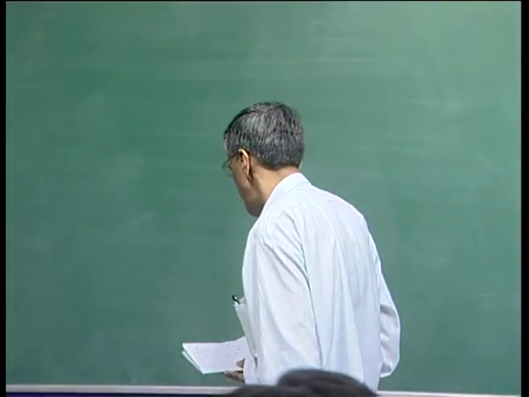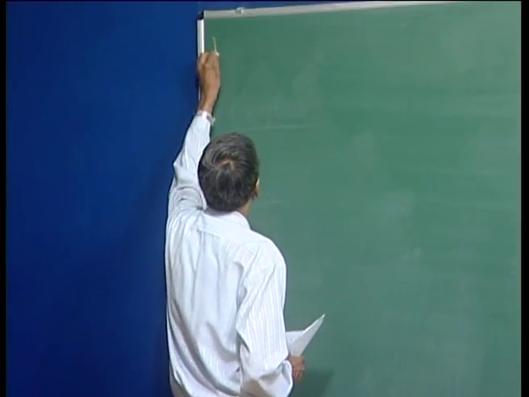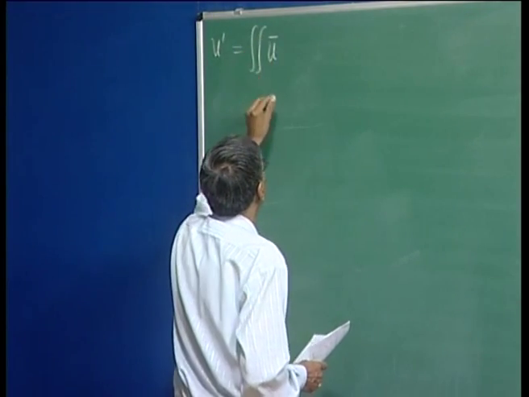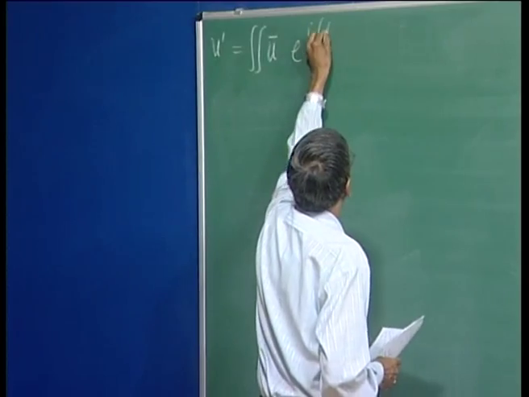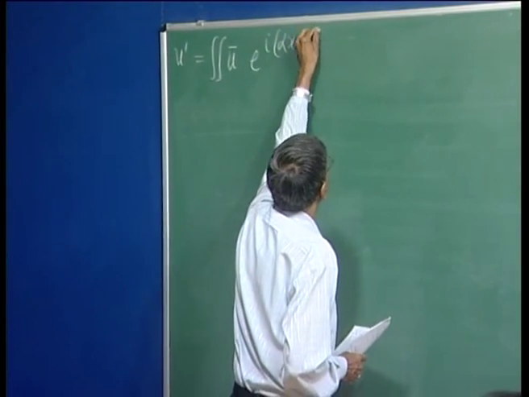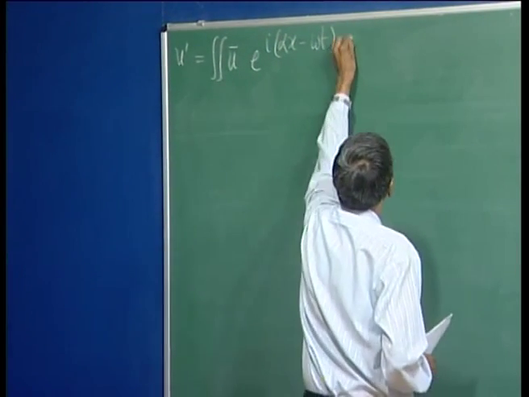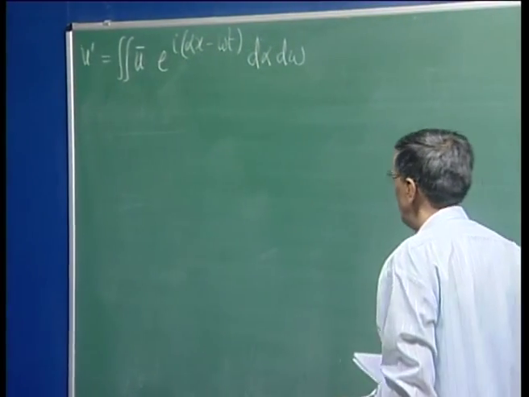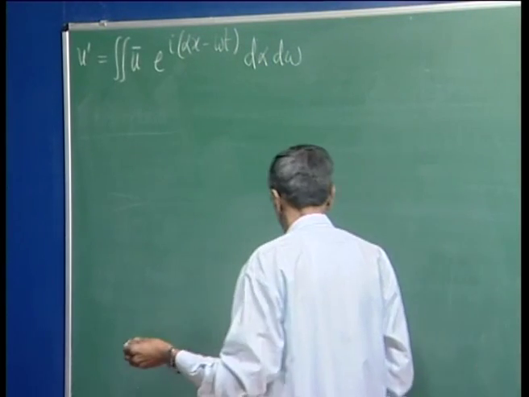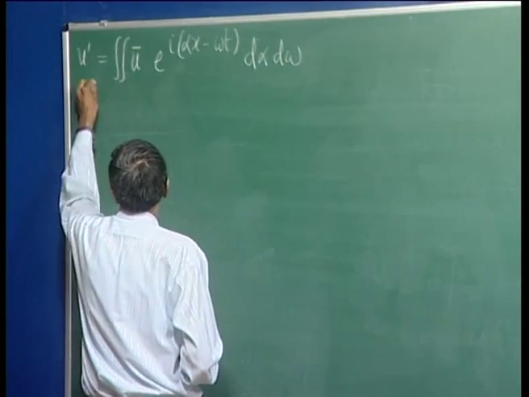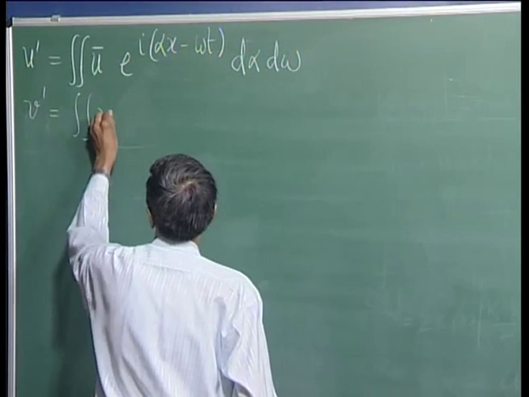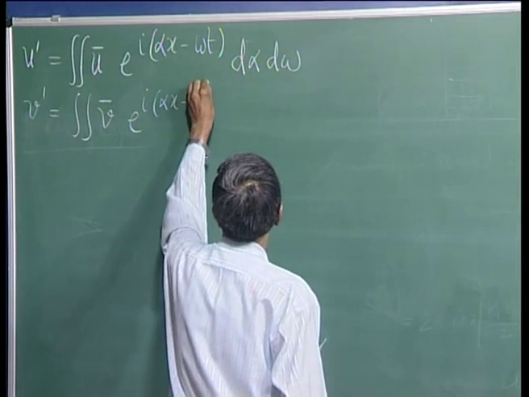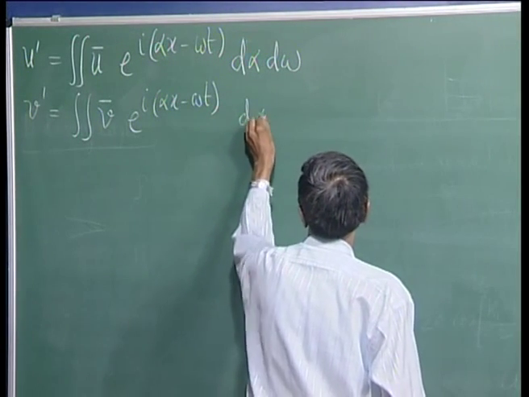Now, what we have written down is basically u prime as the double integral of u bar e to the power i(alpha x minus omega t) d alpha d omega.